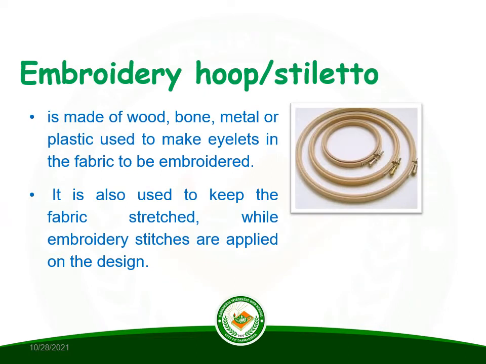Embroidery hoop or stiletto is made of wood, bone, metal, or plastic used to make eyelets in the fabric to be embroidered. It is also used to keep the fabric stretched while embroidery stitches are applied on the design.